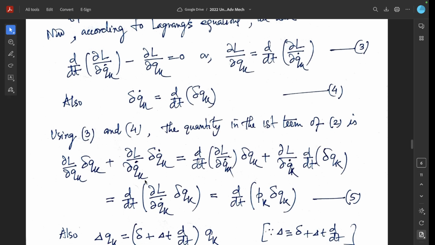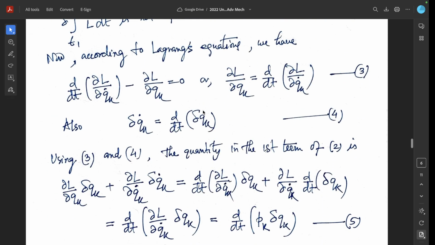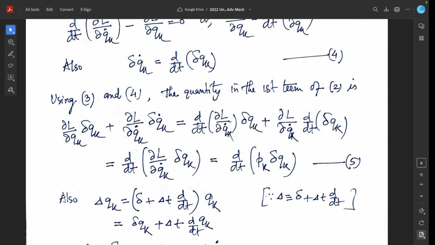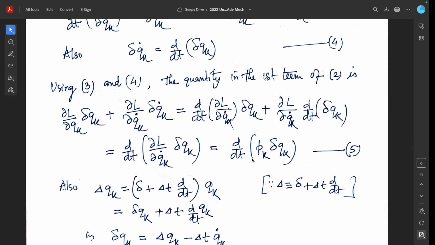Using 3 and 4, the first term of 2 can be written as d/dt of ∂L/∂q̇_k δq_k, and ∂L/∂q̇_k equals p_k, so this is d/dt of p_k δq_k.